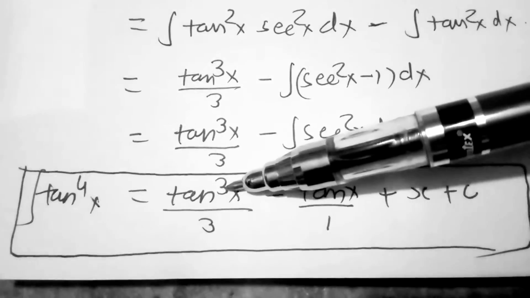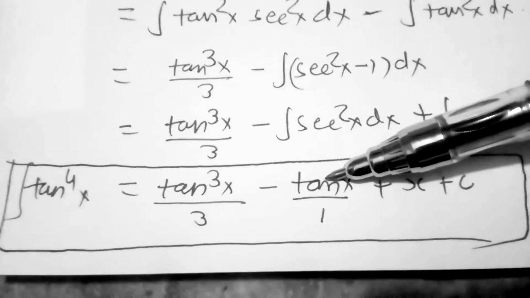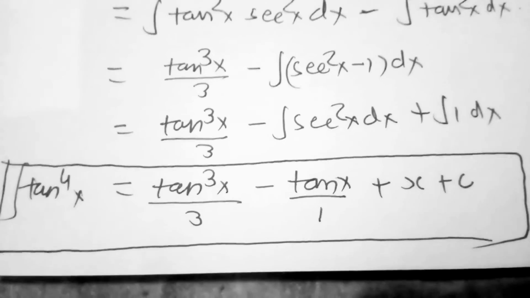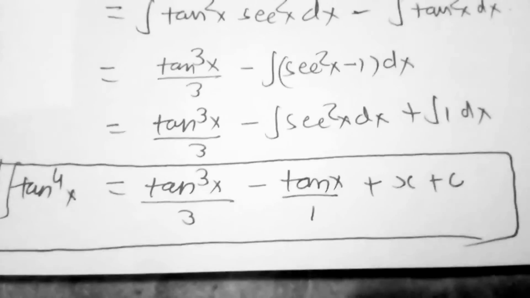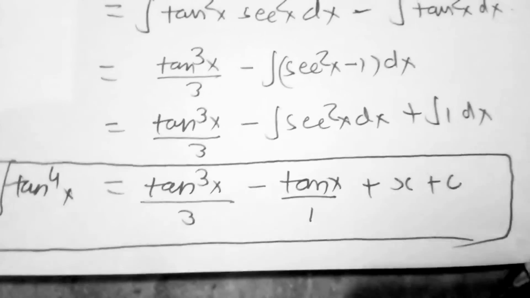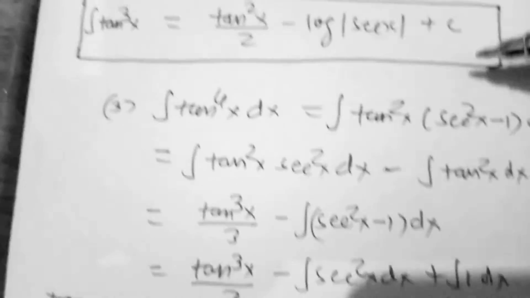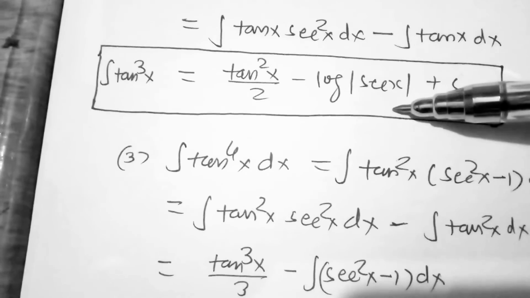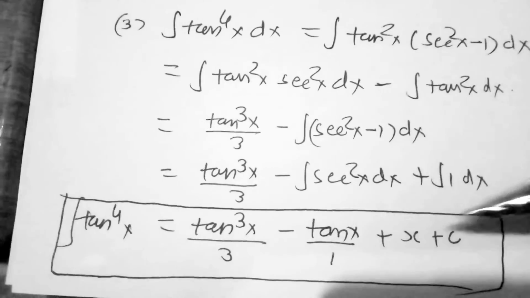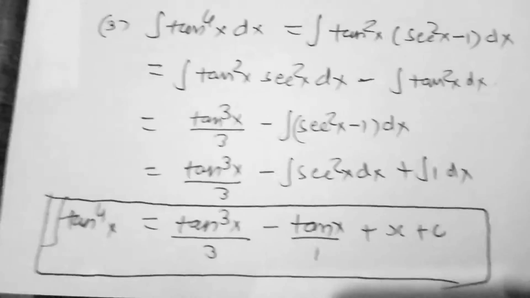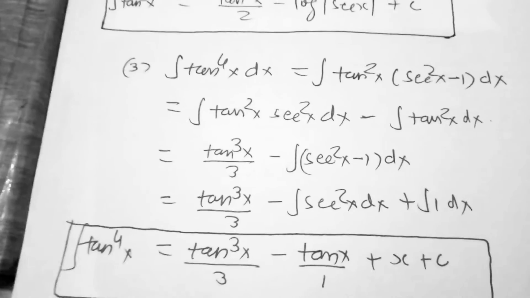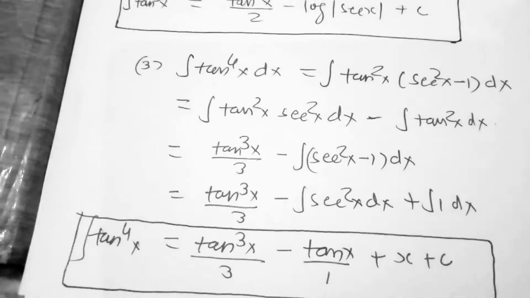See, here power is 3, here power is 1, so just 2 powers we are subtracting from the first one, right? And then 1 dx. Here see, last term is log of sec x, last term is x. The last term in the answer must be either x or log of sec x.